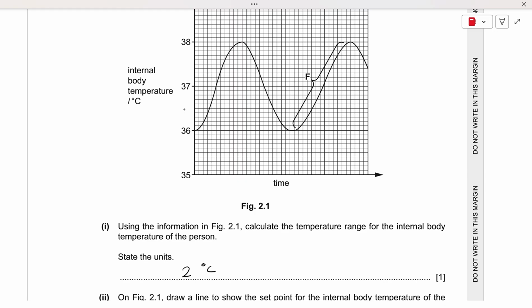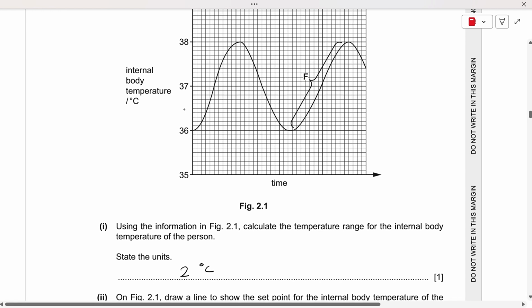If it falls below 37, it is forced to rise, and if it goes above 37, which is around 38, it's again supposed to fall back to 37. So 37 is a constant.